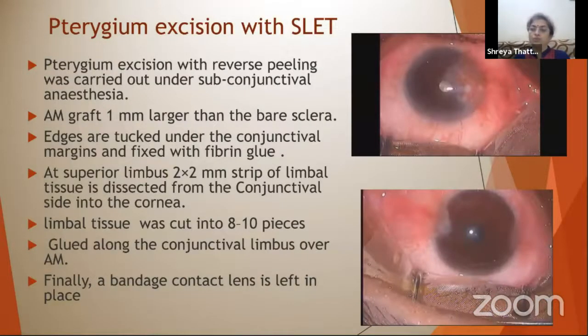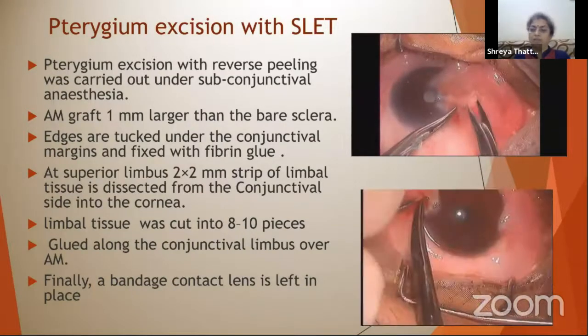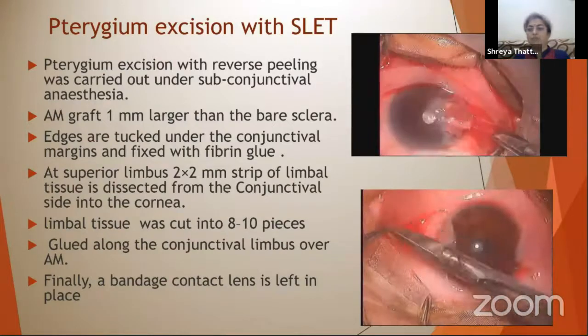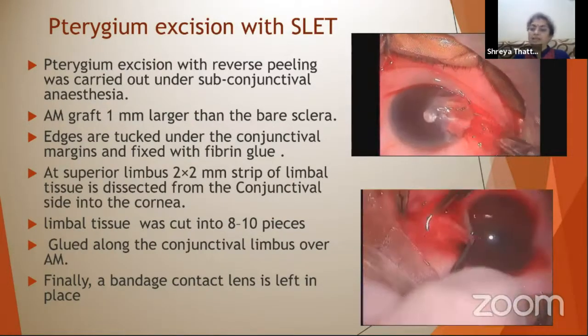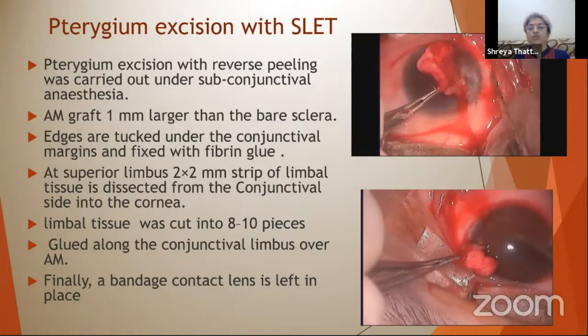These are the two videos showing the nasal pterygium, and the other one is the double pterygium. So the pterygium excision, as I said, is done in a similar way. I take it out from the fornix, and I always prefer extended removal of the pterygium so that no pterygium tissue is left.